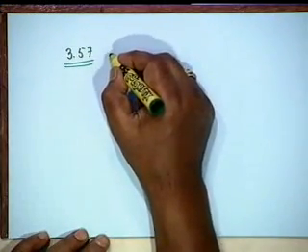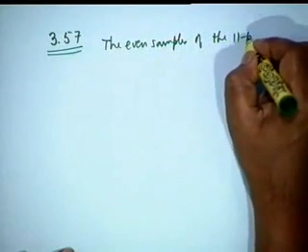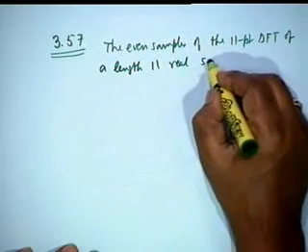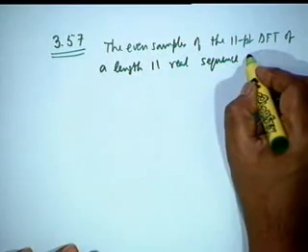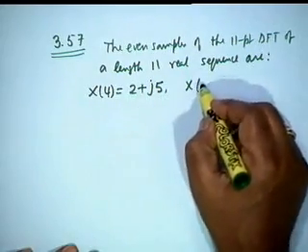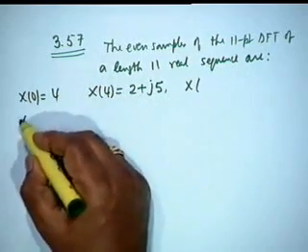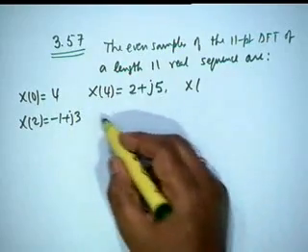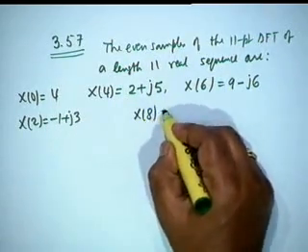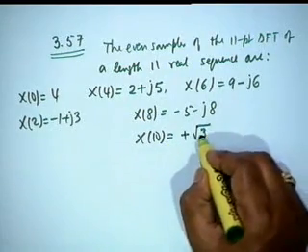It says even samples of an 11 point DFT of a length 11 real sequence are X of 0 is equal to 4, X of 2 is equal to minus 1 plus j3, X of 4 is equal to 2 plus j5, X of 6 is 9 minus j6, X of 8 is equal to minus 5 minus j8, and X of 10 is equal to root 3 minus j2.